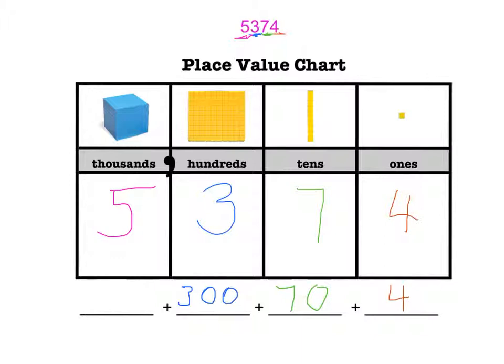Can you see that we are writing the number as it is written for its value? So let's have a look at the thousands. We have 5 in the thousands column. So we would write that number as 5,000.